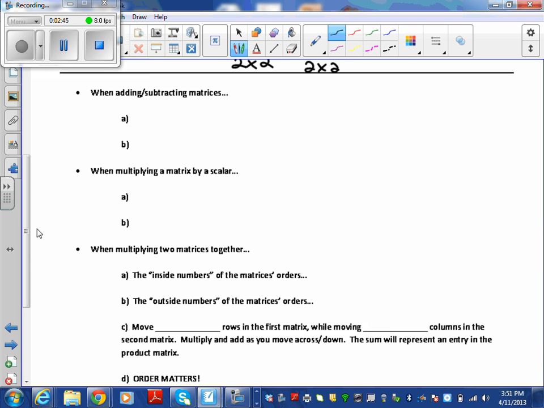So when adding or subtracting matrices, they must have the same exact order. And then what you're going to do is just add or subtract, depending on the problem, the entries that are in the same location.